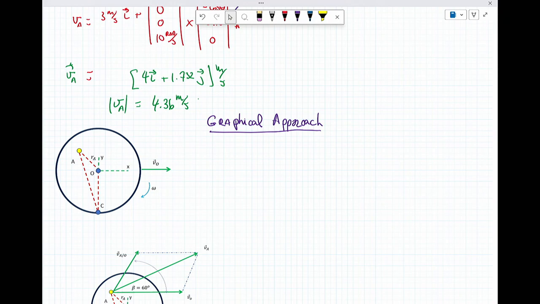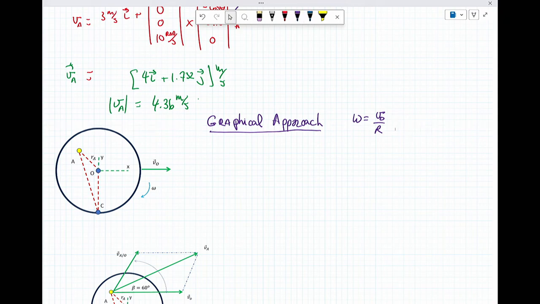So V_O is 3 meters per second. You're given that at the beginning of the problem. And you can find omega.